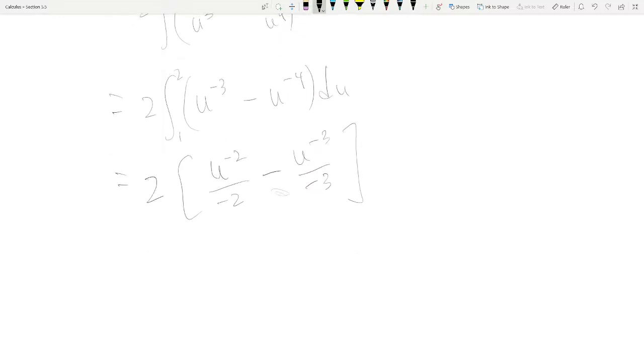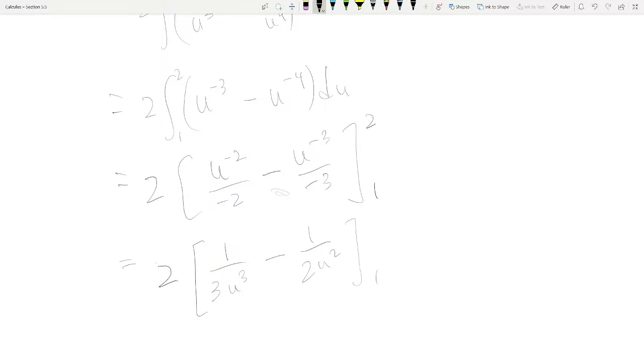Okay, let's do a little housekeeping. So I have 2, and this is evaluated from 1 to 2. So 2 times, I'm going to get, the second one's positive, so I'll do that. I'll have 1 over 3u cubed minus 1 over 2u squared.